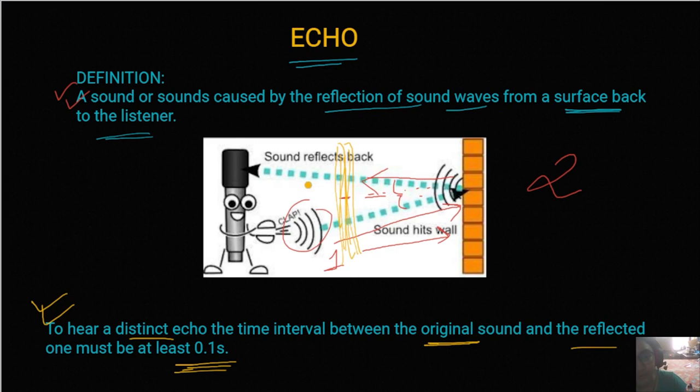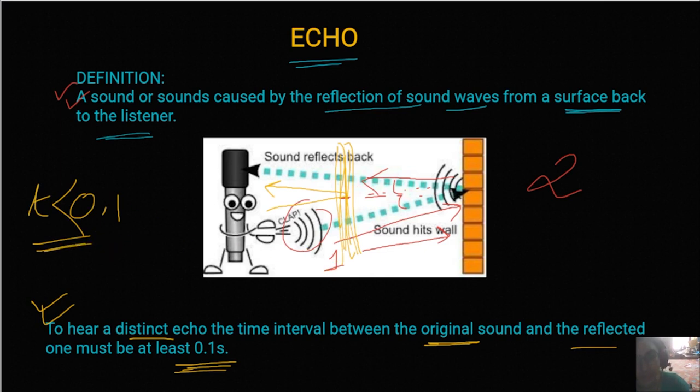So if this time of going and coming back, if the total time taken is less than 0.1 second, then what does it mean?